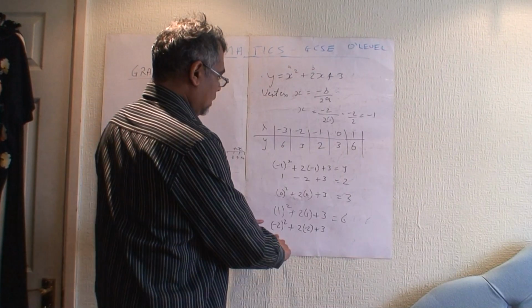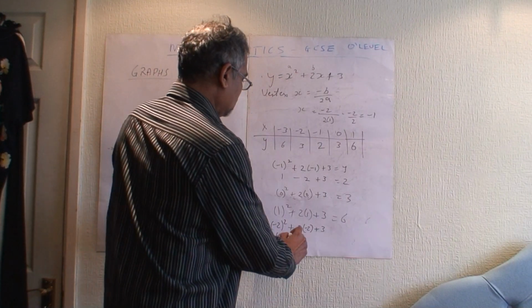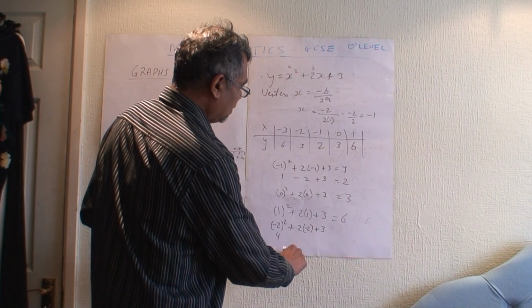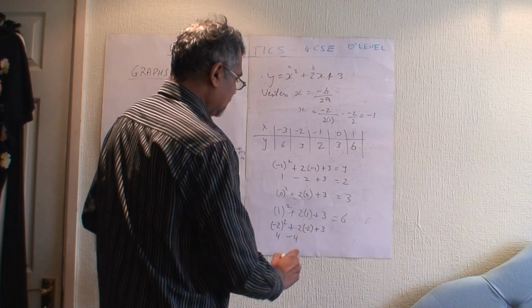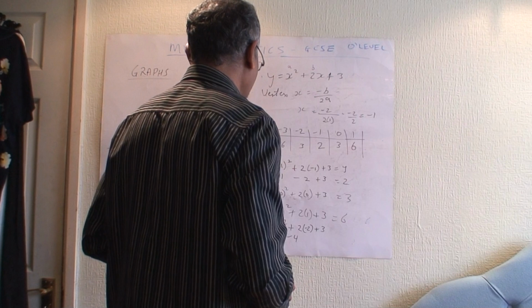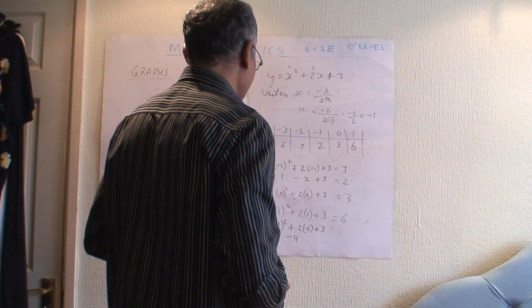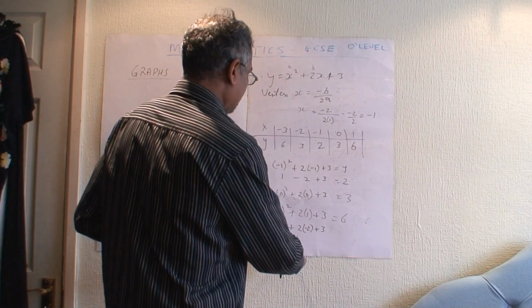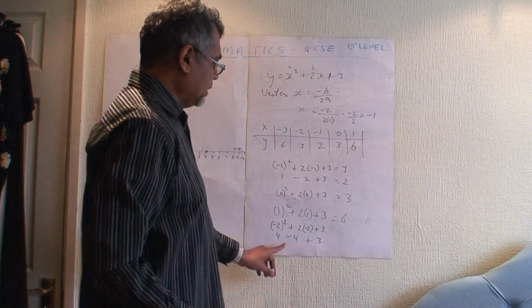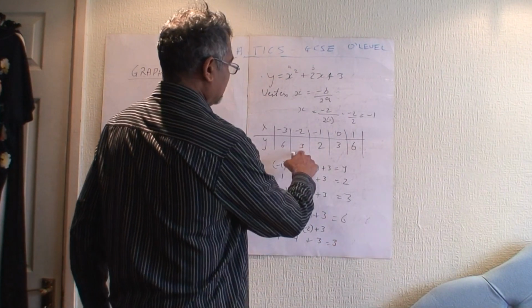This becomes 4, minus 2 multiplied by minus 2 is 4, plus 2 multiplied by minus 2 becomes minus 4, plus 3. So 4 minus 4 is 0, and you get the 3 here.